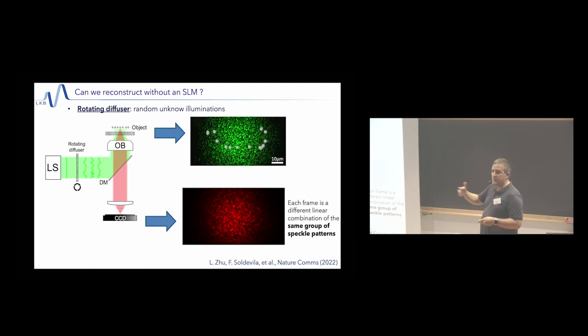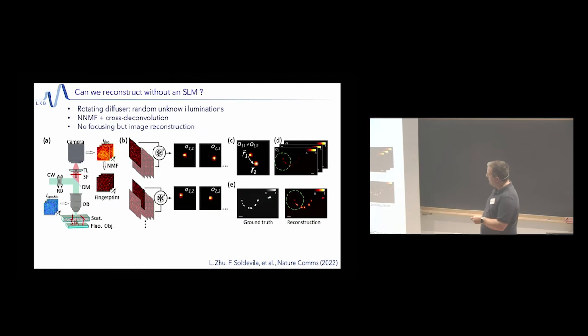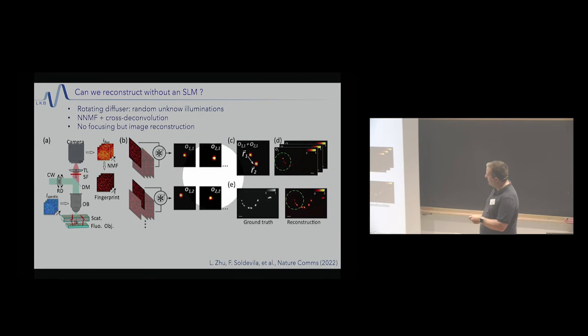But we don't really need the forward transmission matrix unless we want to focus. So with that, we can have the return transmission matrix and get all the imaging we need. So we did exactly this, and we could really recover the position of every bead, and from this get some nice reconstruction of our beads just with a rotating diffuser.